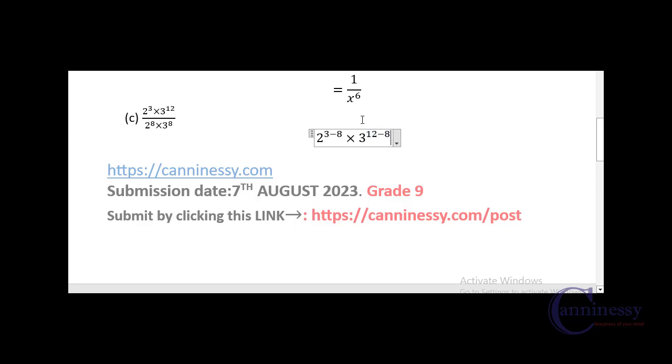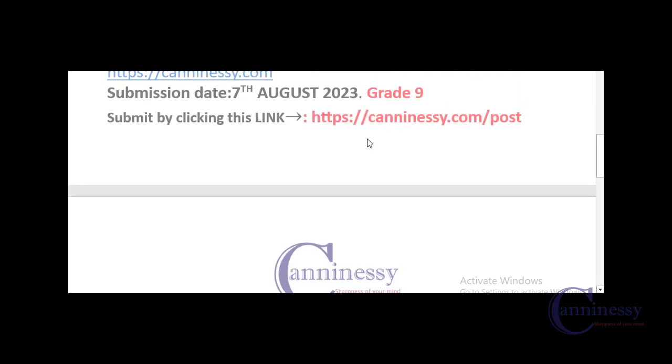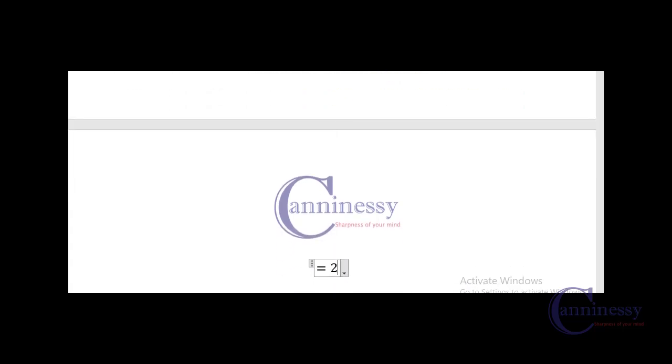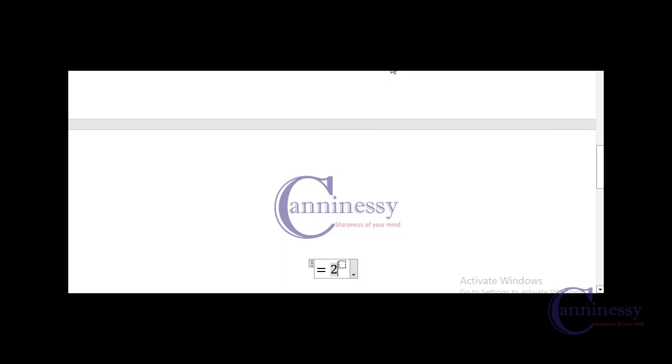So it's going to be 2 to the exponent 3 minus 8, that will be negative 5.